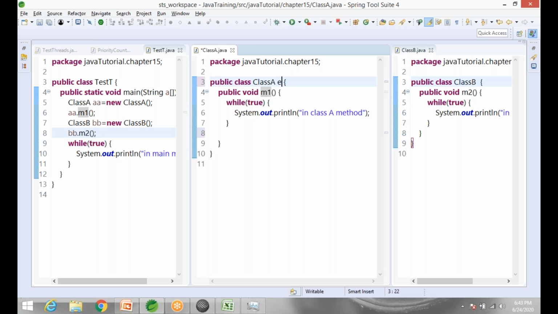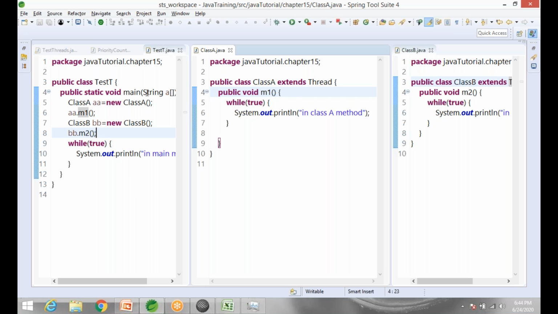Now, let's convert that into a thread program. Okay, you have a thread program. So what is the main entry point for a parallel programming thread class? Run.